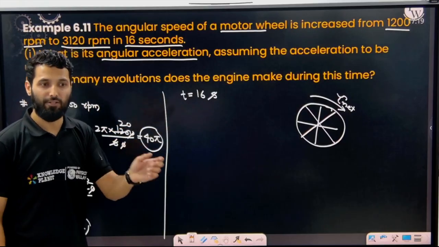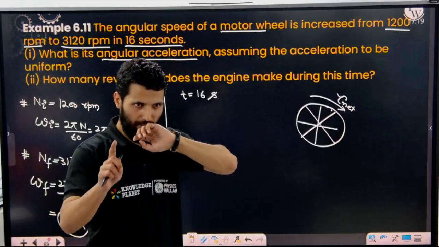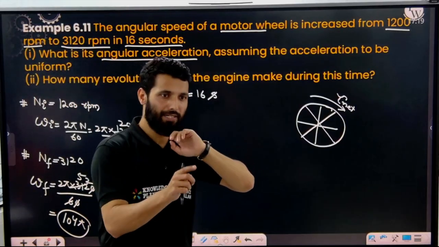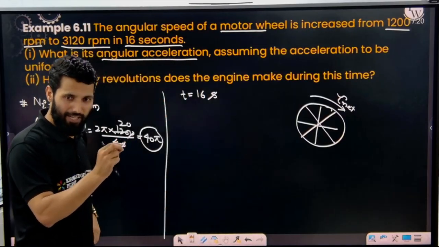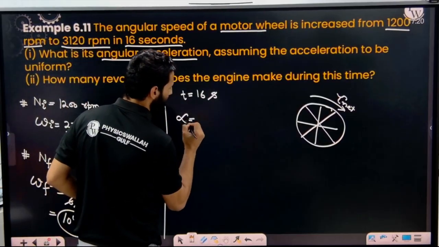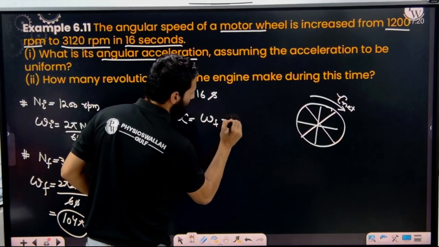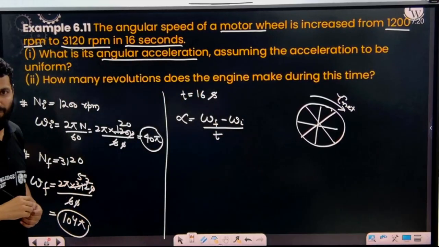What do we have to find? Alpha. Alpha is equal to (omega f minus omega i) divided by t. Basically, omega f is equal to omega i plus alpha t. Same thing. You know this in 9th grade as a equals (v minus u) by t, so I will write alpha is equal to (omega f minus omega i) divided by t.